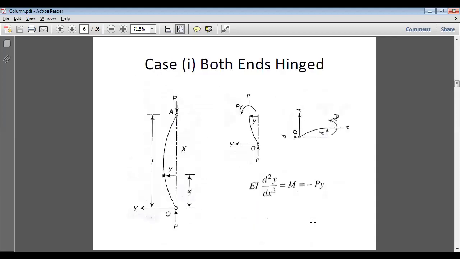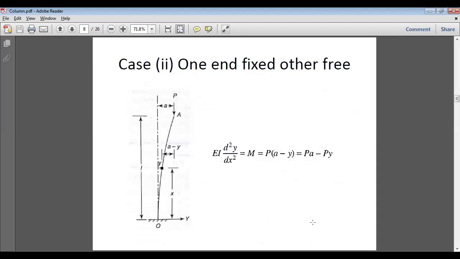This was the case when both ends were hinged. Similarly, we will have another case when one end is fixed and another is free. When this end is free, only the free end can move from its original position.